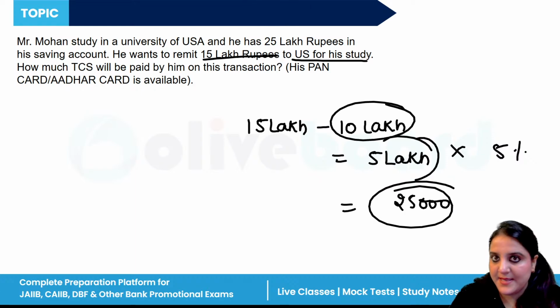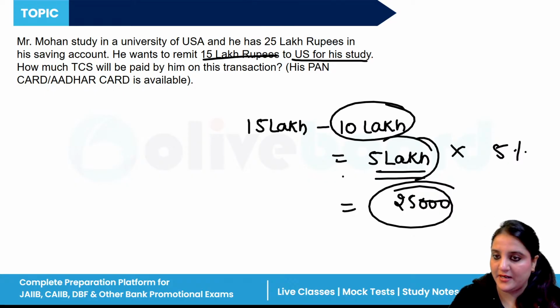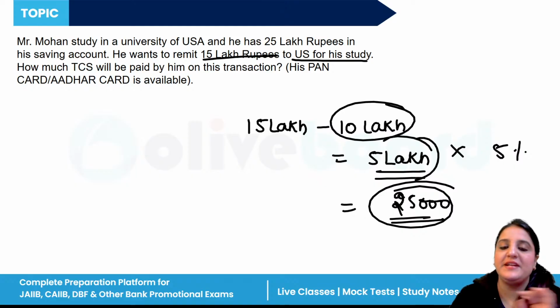Sorry, I got confused here. Up to 10 lakh is exempted. The leftover amount is taxed at 5%, and 5% tax is deducted. So the answer is 25,000 is deducted.